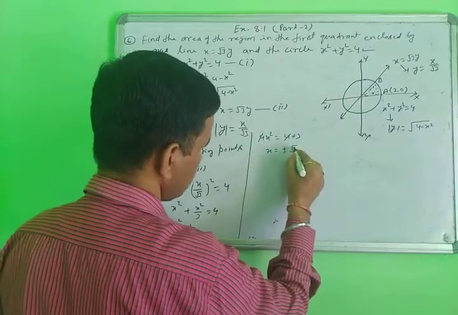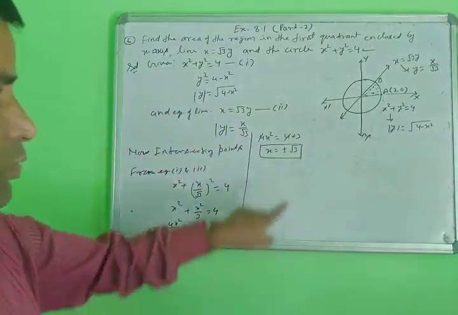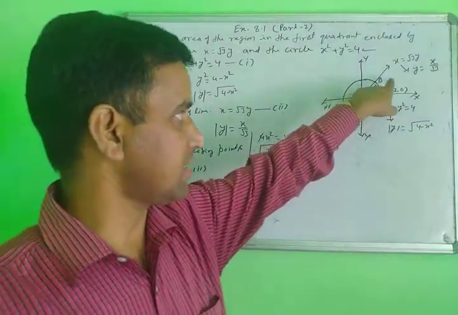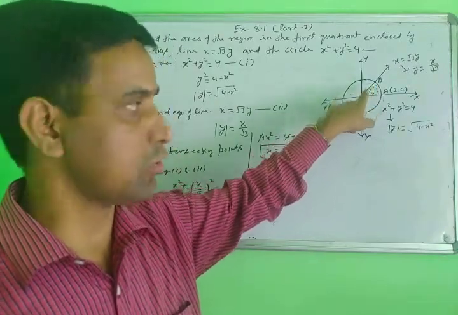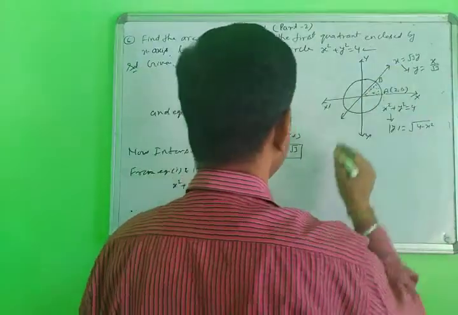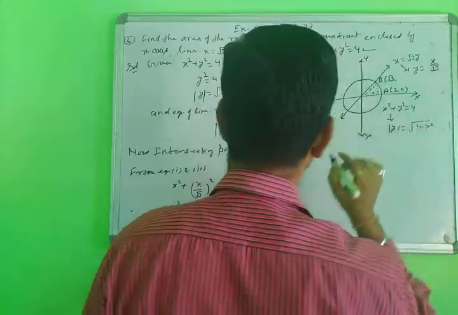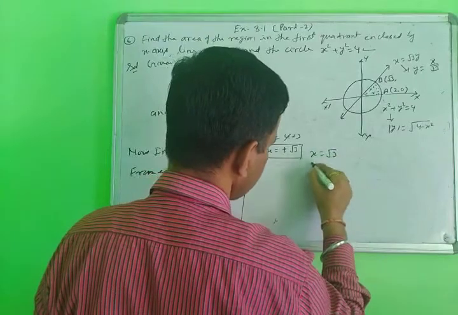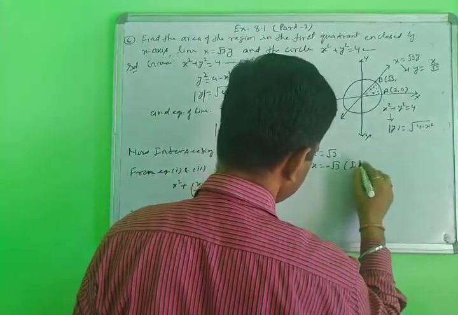What will you get here? Plus minus root 3. We will be using only the positive value here. The negative value we will neglect, because you will find the area only in the first quadrant, not the third quadrant. So the value of x here is root 3, and the value minus root 3 is ignored.